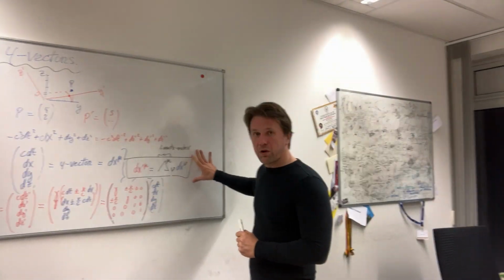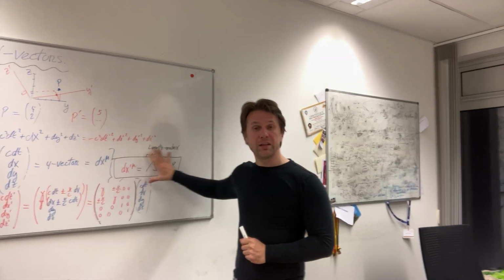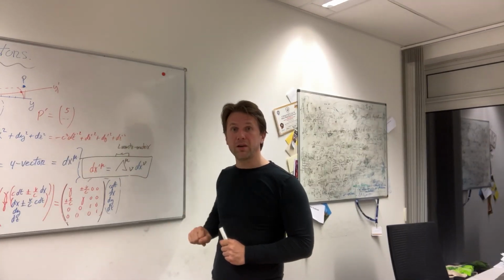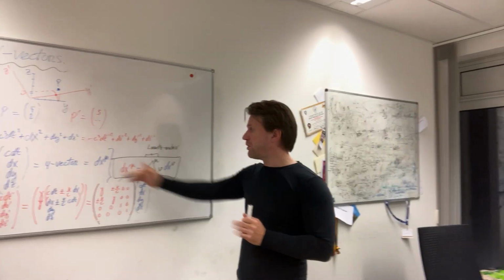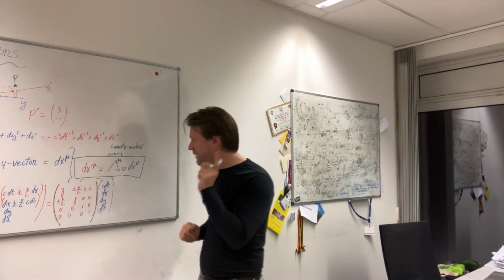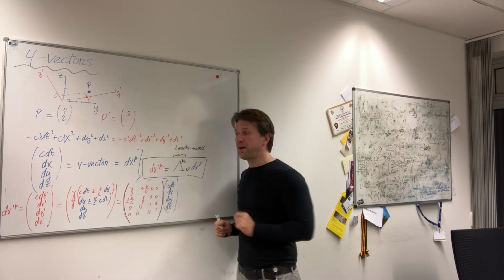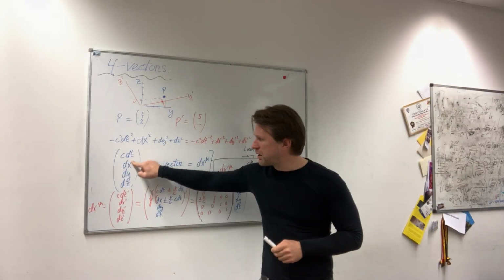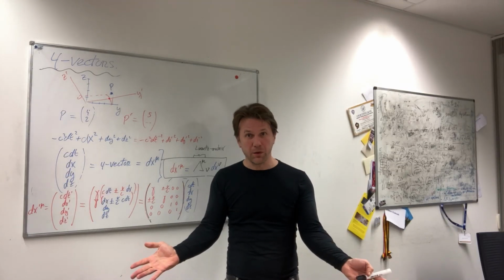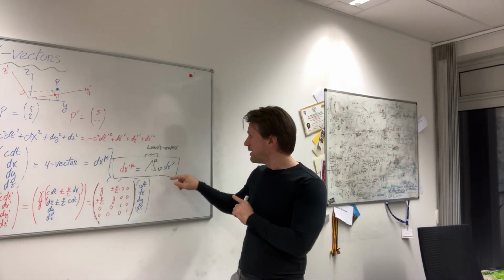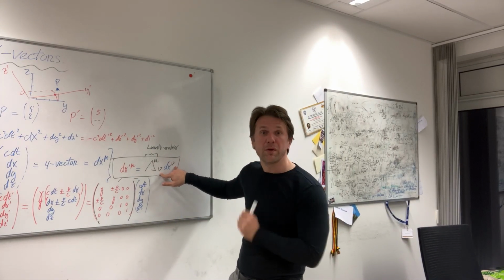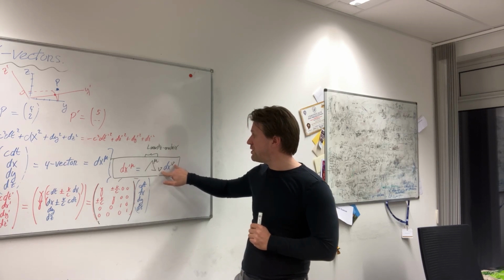Again, with all of that in mind, this is an extremely economic, short way of writing down everything that we already have on the board. And just to drive the point home, this is 4 equations, because every mu value means one of these 4. So you already write down 4 equations. But because of the contraction, or if you will, the matrix multiplication, the nus also take 4 values.